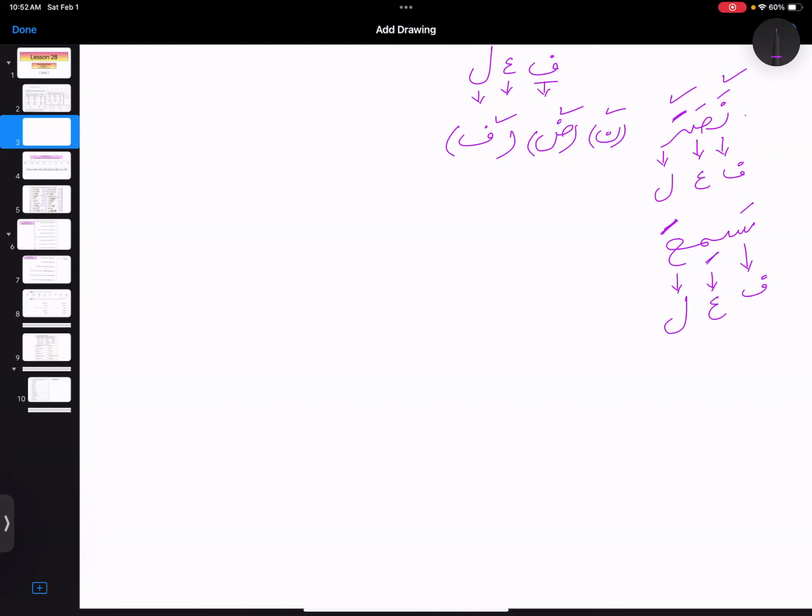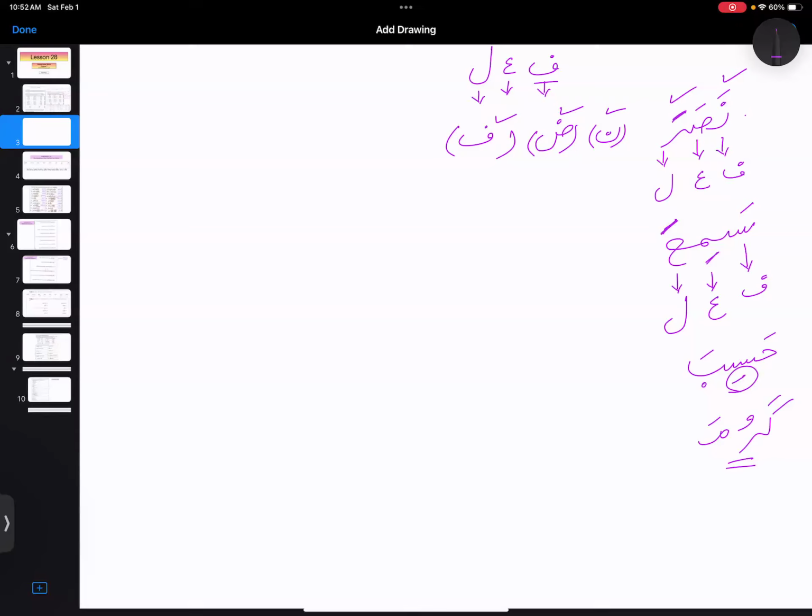So you see the example Sami'a over here, or you see the example Hasiba, where the middle root letter is taking a kasra. Or you have the example of Karuma. Karuma is also a family. So now what do you see? The middle root letter is taking a dhamma.